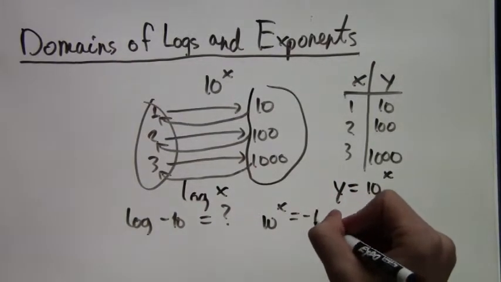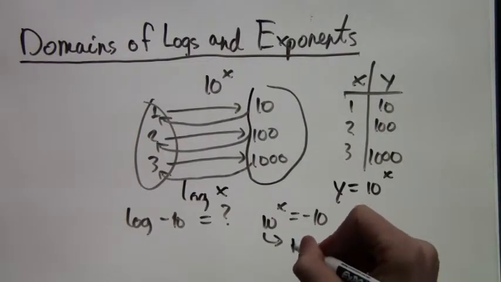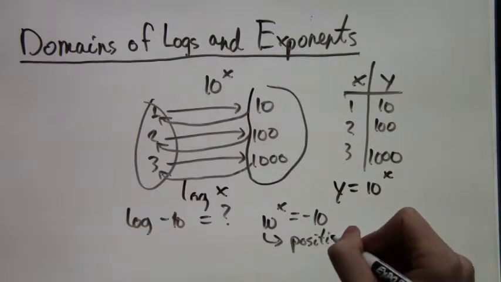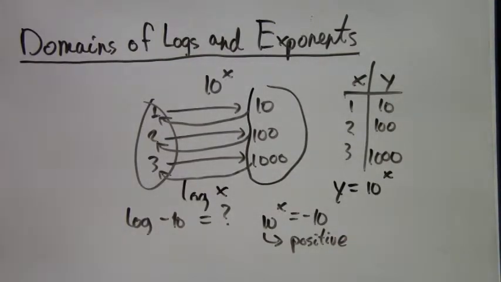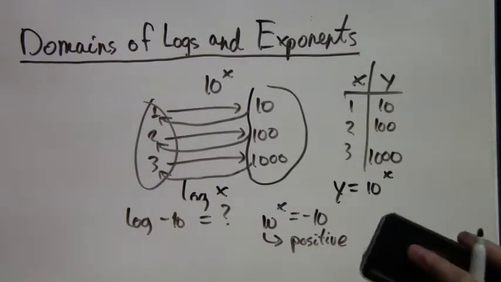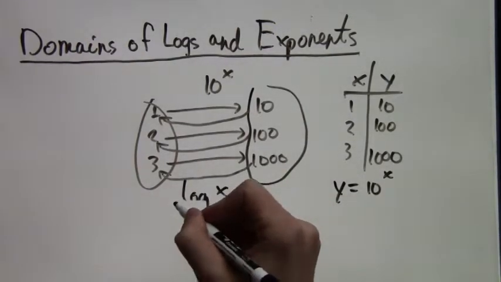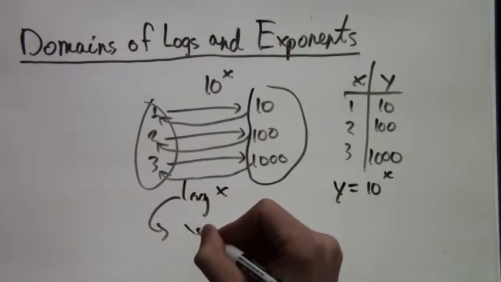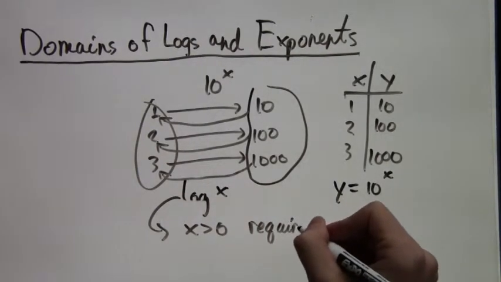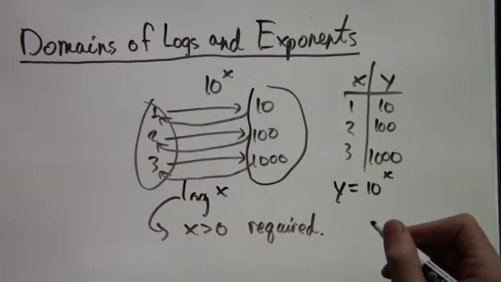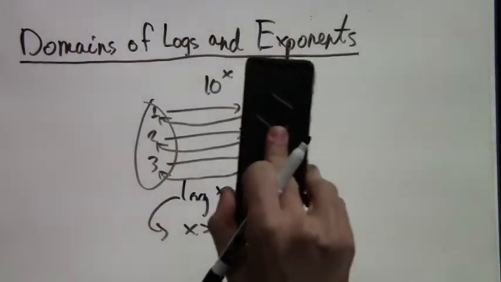So 10 to the x equals negative 10 for some x. But 10 is positive, and whatever power you take of 10, whether it be positive or negative or 0, you're always going to get a positive number. You can't get negative 10. That's why you cannot take the logarithm of any number less than or equal to 0, meaning x has to be greater than 0. So this is why this is required.